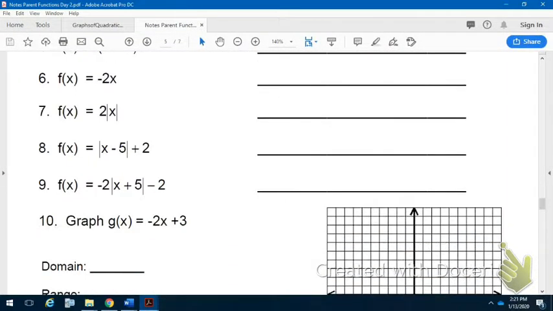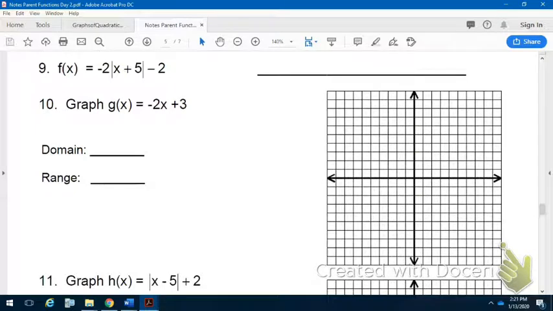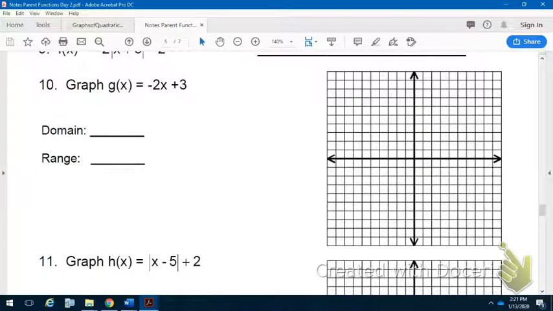All right, so then we go to graphing. Now with a line, again, I want you to graph it like we've always graphed lines. So this 3 is your y-intercept, and this negative 2 is your slope. So you're going to count either negative 2 over 1 or 2 over negative 1.